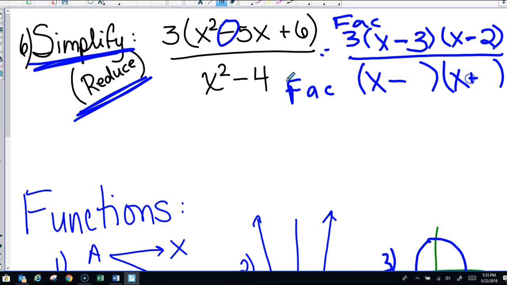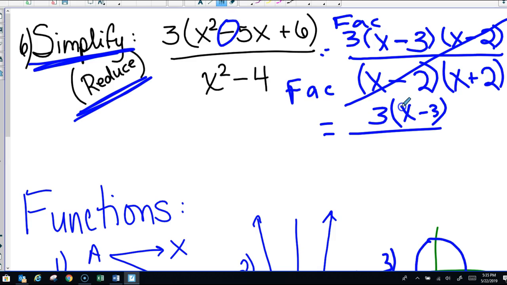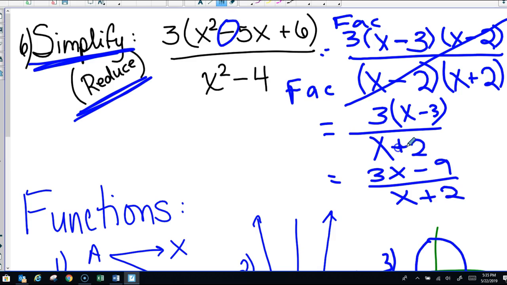And then the square root of 4 is a 2. And so now the common factor that completely matches is the x minus 2. So we end up with 3 times x minus 3 over x plus 2, which would be 3x minus 9 over x plus 2.